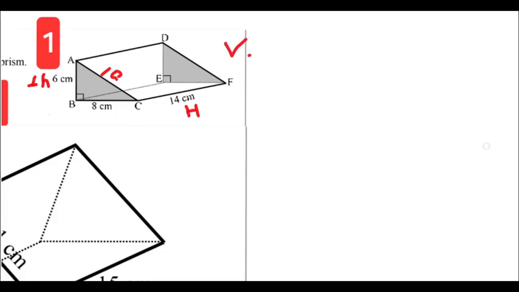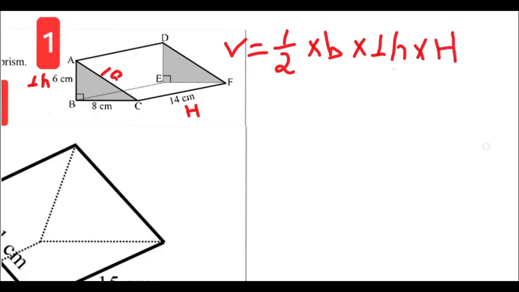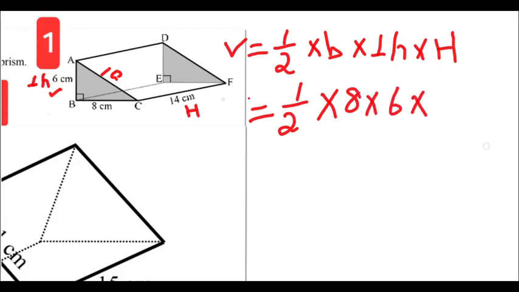So the volume is equal to 1 over 2 multiply base multiply perpendicular height and multiply figure height, the object height, big H. In this case we got 1 over 2, base we got already the 8, and perpendicular height we got 6, multiply 6, multiply big H we got 14, multiply 14.